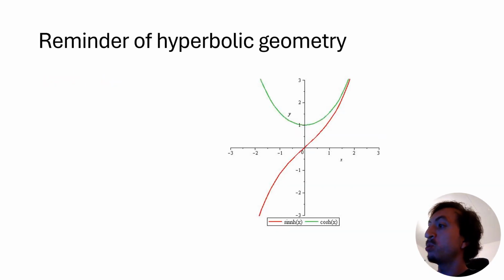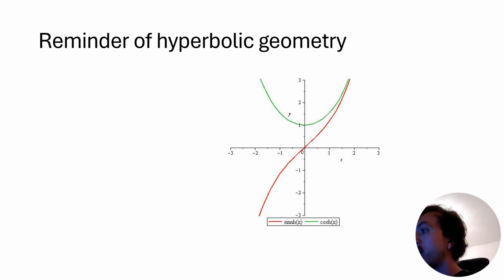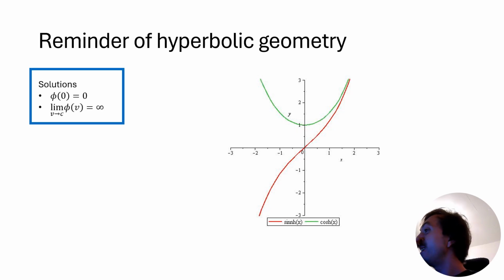When we're deriving the components of our Lorentz transform in terms of velocity, we have a couple of sanity checks. We have a couple of extreme cases for our function phi of v, where phi is our hyperbolic angle, describing the angle at which we're rotating our space-time axes to go from the components of a full vector in one reference frame to the components in another reference frame. These were the statements that we argued.